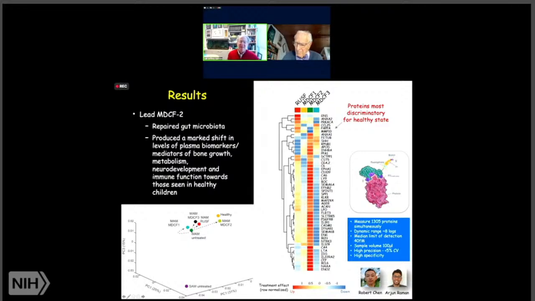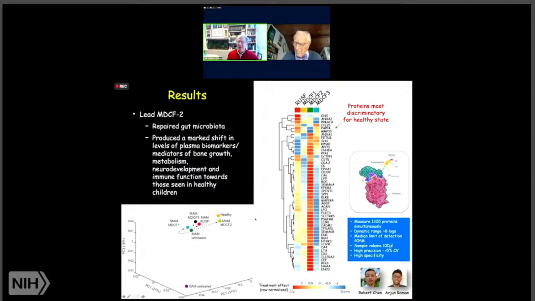But you can see of all of the interventions, MDCF1, RUSF, or MDCF3, that after 1 month, their effects on the configuration were significantly less impressive than the effects of MDCF2, which, by the way, was the best performing MDCF in our gnotobiotic mouse and piglet models.